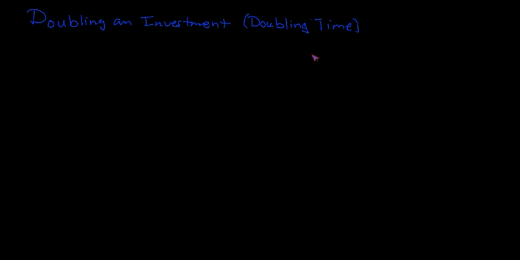Alright, so here's our situation for this particular problem. We're going to deposit $500, and we're going to deposit that at 6 3/4%. Now the other thing is, we've already dealt with this before, but we're going to talk about this being compounded continuously.